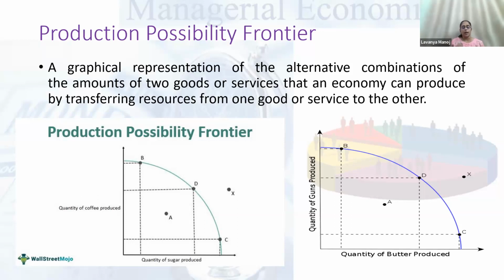For example, laptops and chargers, mobile phones and chargers, or mobile phones and SIM cards. If you have to use a mobile phone, you need to have a SIM card. Or if you have to use a laptop or mobile phone, you need to have a charger. And vice versa. So production of one good leads to the production of another good.